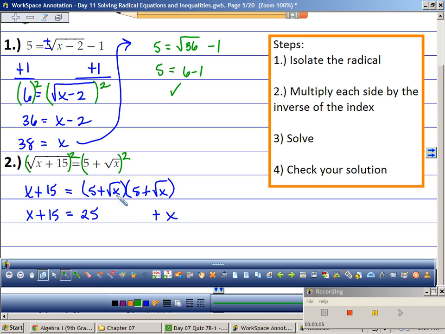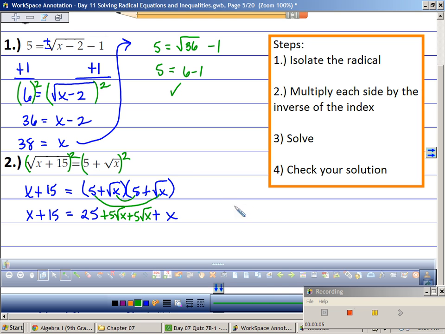Now I'm going to do the inner and the outer, which is 5 root x plus 5 root x. If this makes you nervous, go ahead and do a box. Hopefully soon you'll be able to do it in your head, or at least with a little bit of assistance like this.